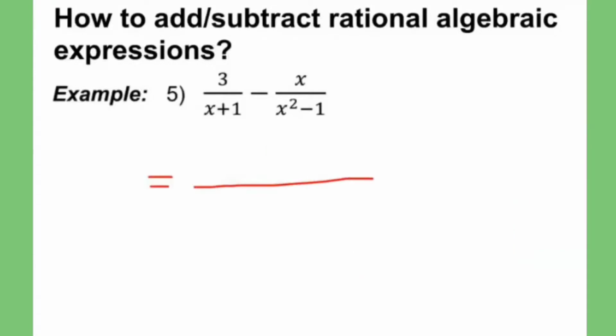We copy our LCD, x plus 1 times x minus 1, and then we divide our LCD by our previous denominators. x plus 1 times x minus 1 divided by x plus 1, ang matitira na lang ay yung x minus 1. So, we multiply x minus 1 to our numerator, 3.